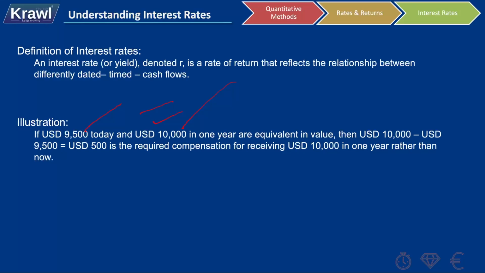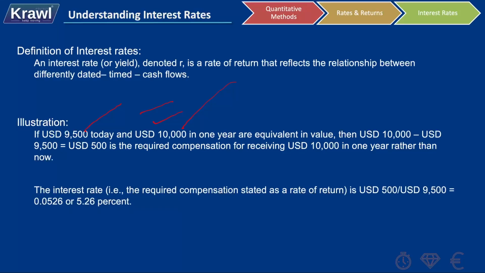So if you're supposed to calculate the interest rate for this example, it would be 10,000 US dollars less 9,500 US dollars, which gives you 500 US dollars. So 500 US dollars upon 9,500 US dollars gives you a rate of interest of 5.26%.